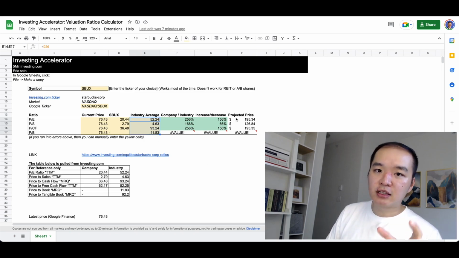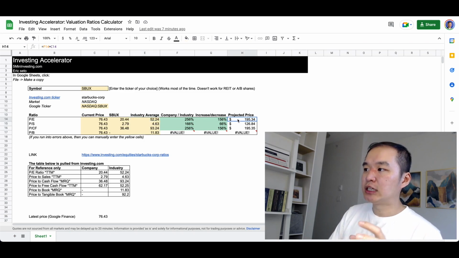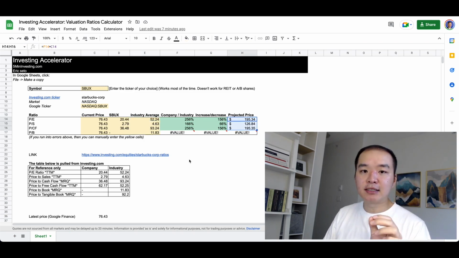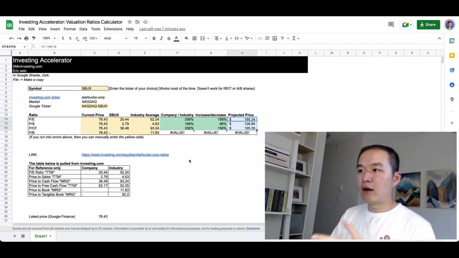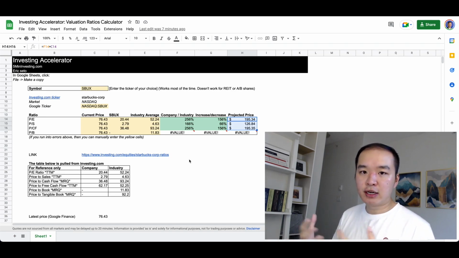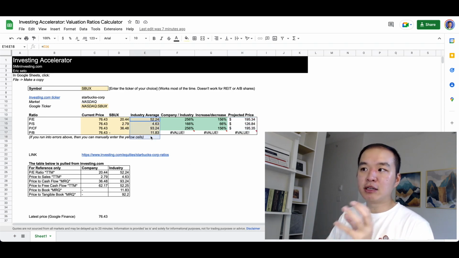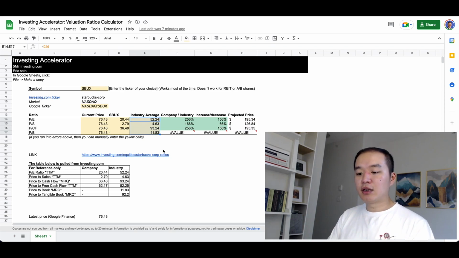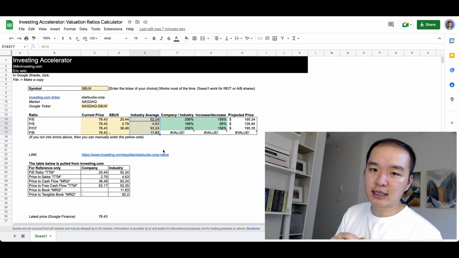But the benefit of this valuation ratio calculator is that you get a projected price calculated from comparing to the industry average. And this is actually what a lot of mutual funds or hedge funds will do. They figure out what is supposed to be the correct multiple for the industry or for that specific company so that they can calculate the potential upside and also help plan for your exit as well.